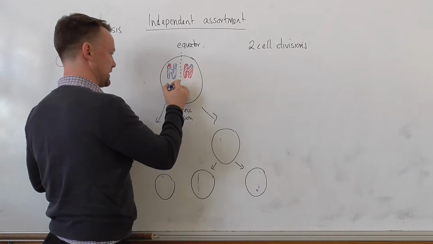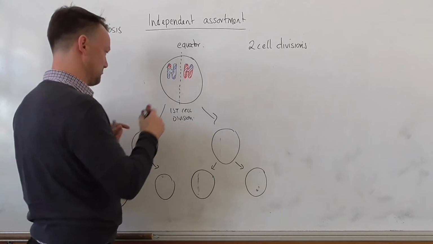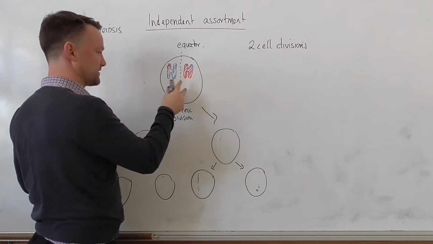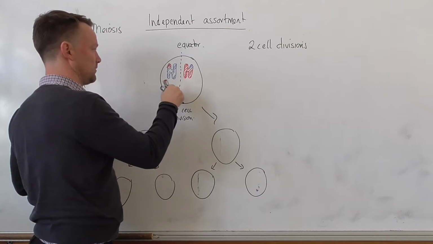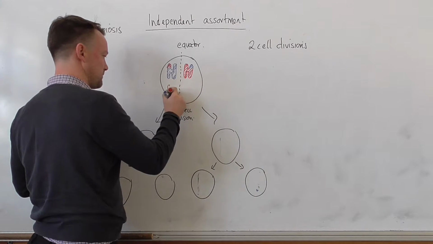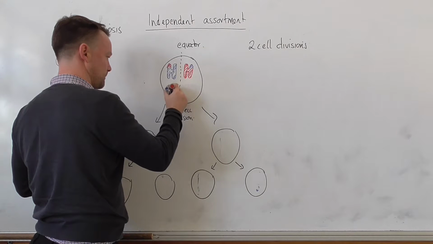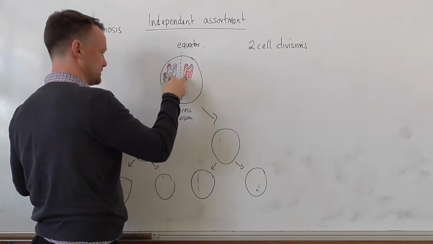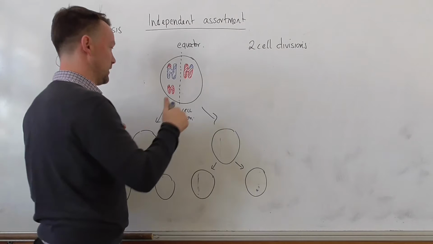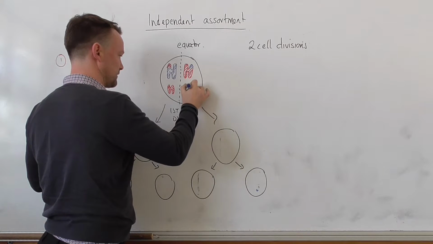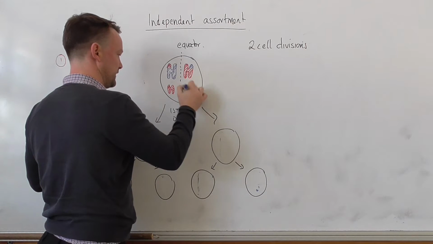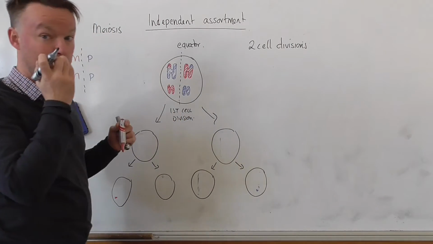And then in our second scenario down here, remember this isn't influenced at all, so the maternal one went this side. So the side that these two chose or ended up lining on doesn't affect any of the other chromosomes. So each pair has almost a free choice about which side it goes.